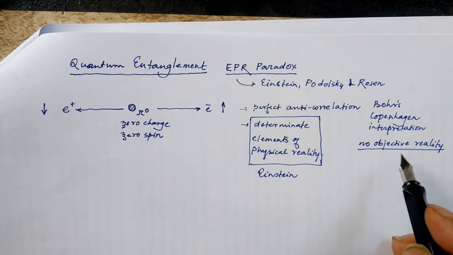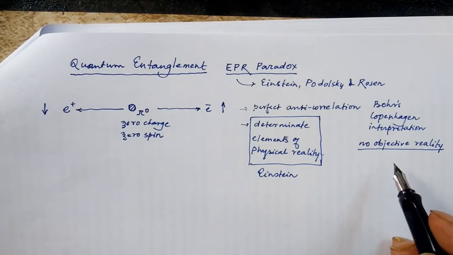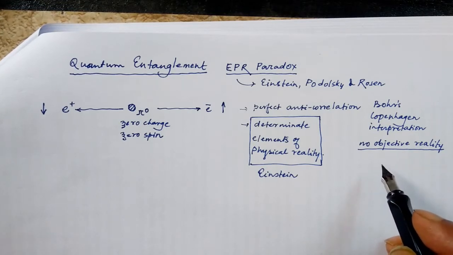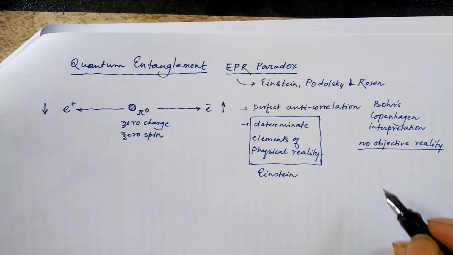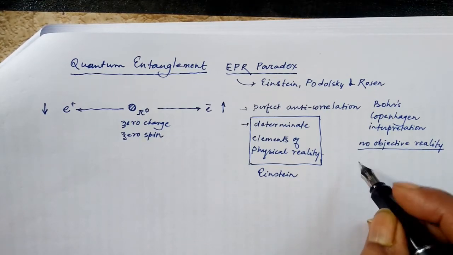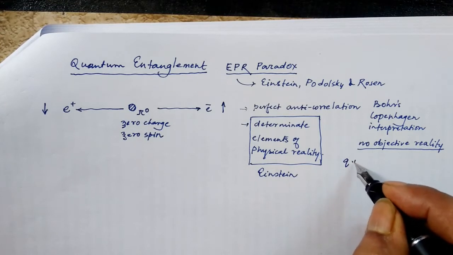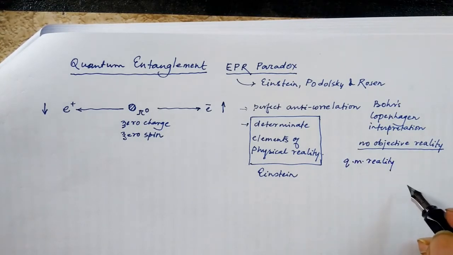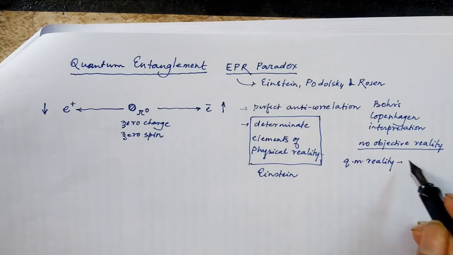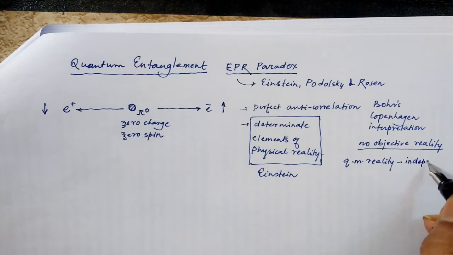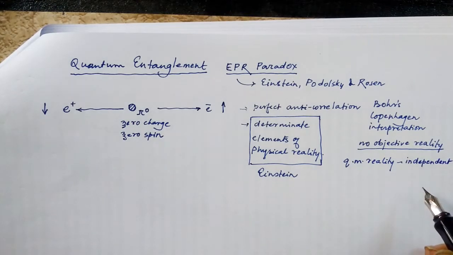That essentially means that if we say a quantum mechanical phenomenon is a reality, it's a quantum mechanical reality, and this reality is really independent of an observer.